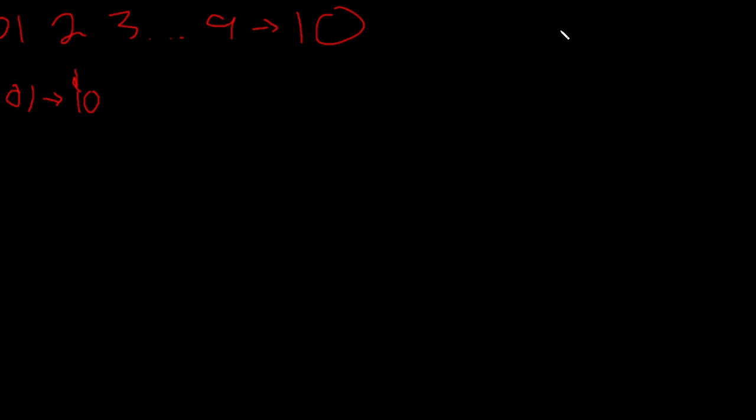in base 10, the first slot is powers of 10 to the 0th, the second slot is 10 to the first, the third slot is 10 to the second. So you have the 1s, the 10s, and the 100s.